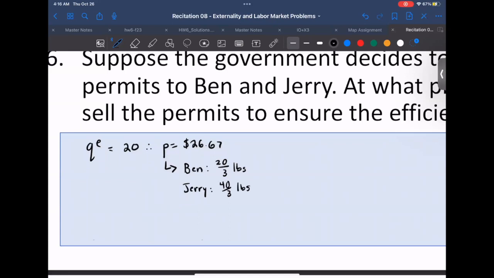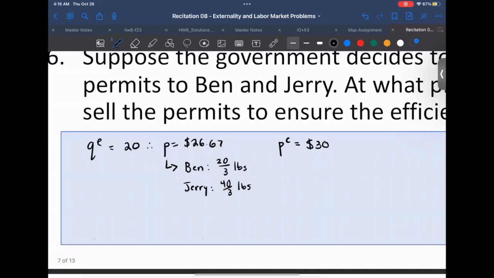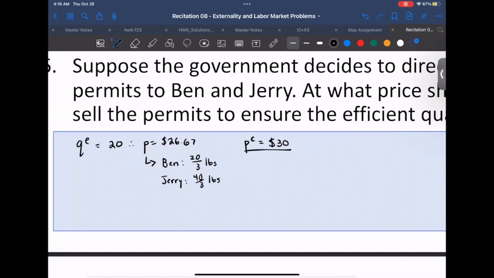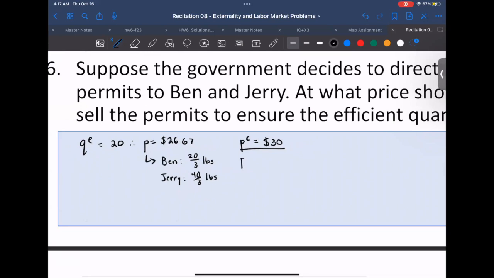So now the price that's being set, and we'll call that P competitive, is $30. So compared to the price of $26.67, P competitive is going to be way too high. So the government should set a price of the permit that is equal to the difference between the competitive price and the efficient price.